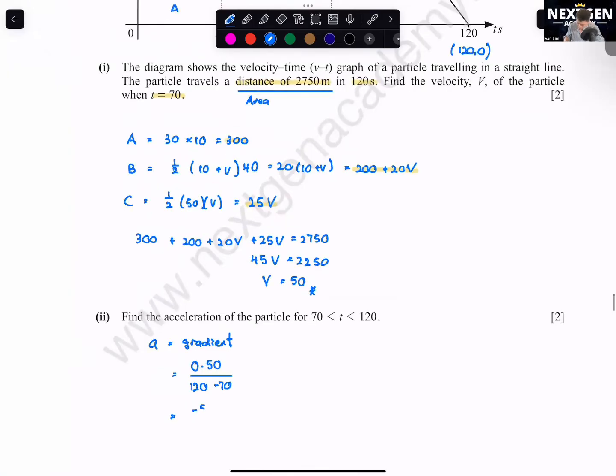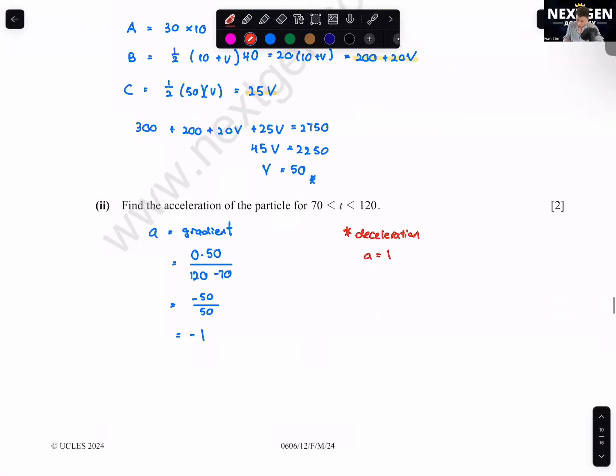Okay, so we get negative 50 over 50, which you will get negative 1 here. Then if the question changed to deceleration, your answer you put a equals 1. Okay, 4 marks ready. Let's go to question B.